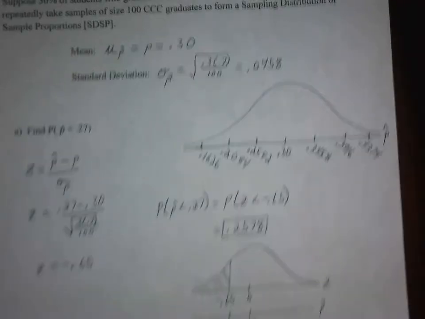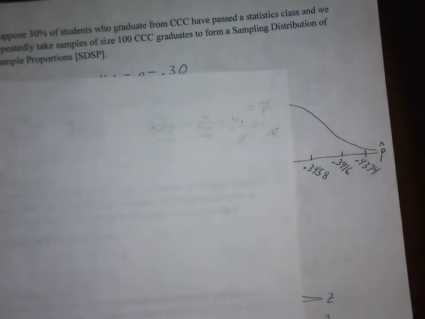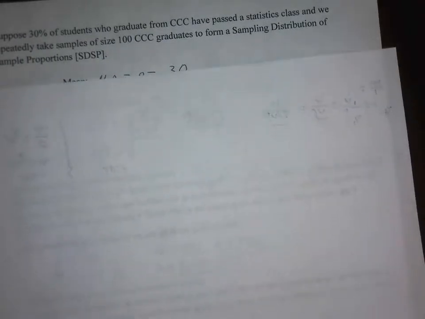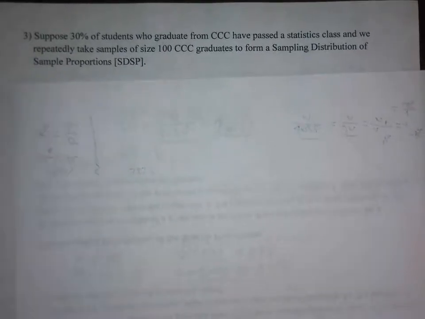To get a quick example of this, using that same idea, 30% of students pass the SAS class. You repeatedly take samples of size 100 to form a sampling distribution of sample proportions.